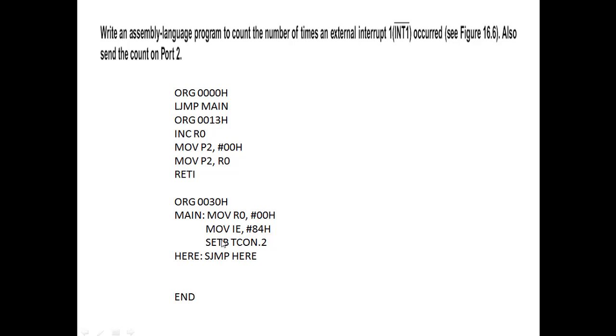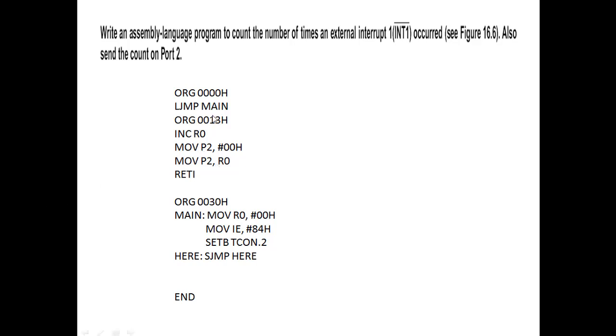And when the interrupt occurs, what happens? Whenever the interrupt occurs, you will go to the interrupt vector address, and for interrupt 1 it was 0013h. Now, whenever the interrupt occurs, we have to count how many times the interrupt has occurred and send that information to port number 2.